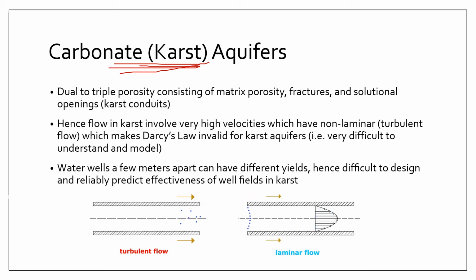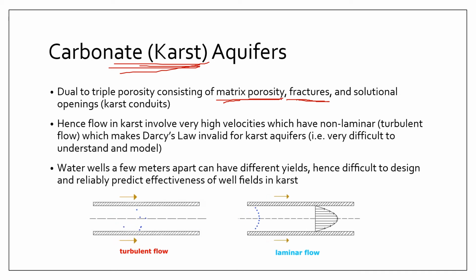areas. So karst can have dual to triple porosity. All right, so they have up to three types of porosity. So first is their matrix porosity or their primary porosity, or the porosity due to the grain spaces. They also have secondary porosity due to fractures or your discontinuities.